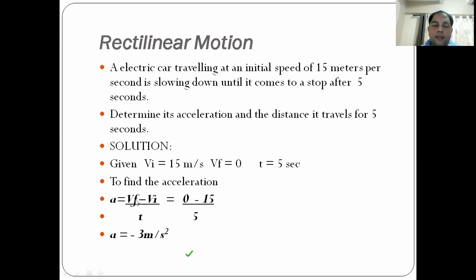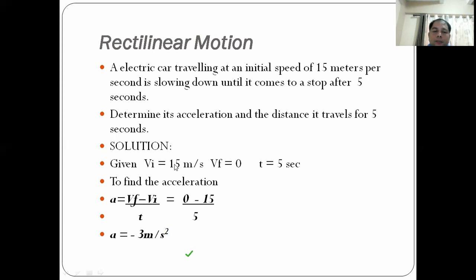So to find our acceleration value, we have the Vf value minus V sub i, divided by t. If we identify our given values, 15 meters per second will be our V sub i. Our V sub f, since that's the time when it stops, must be 0, with a time of 5 seconds.